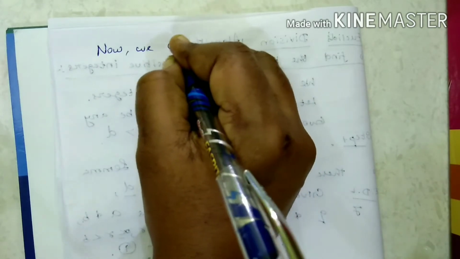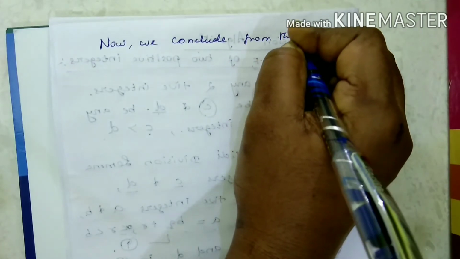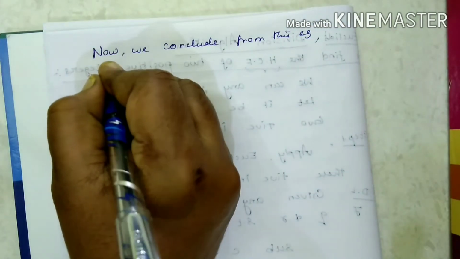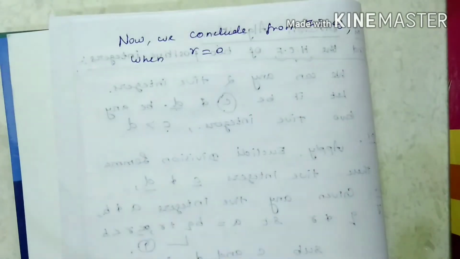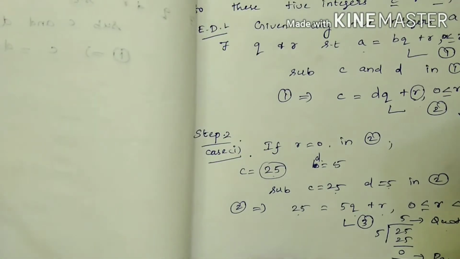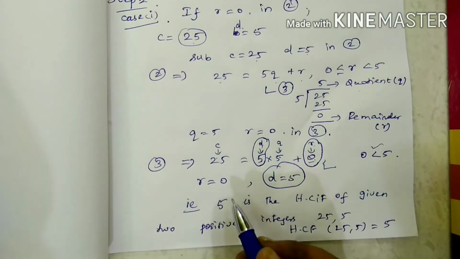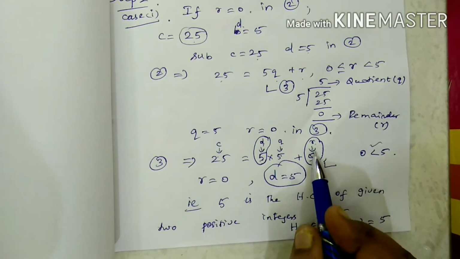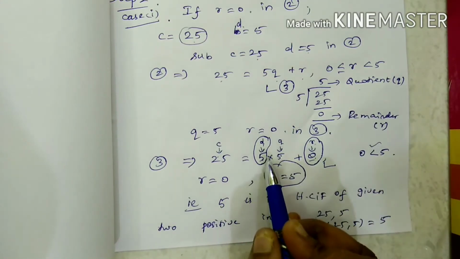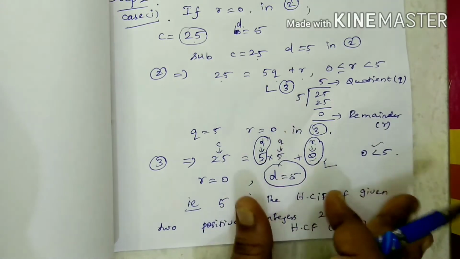So now we conclude from this example that when we get R is equal to 0 in our equation, then the divisor at this stage will become the HCF of the given positive integers.